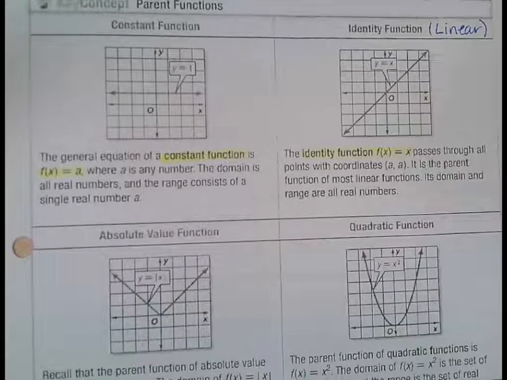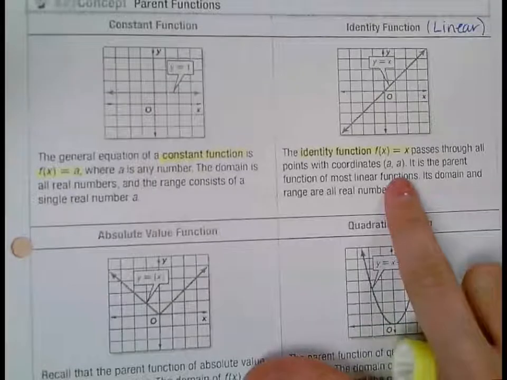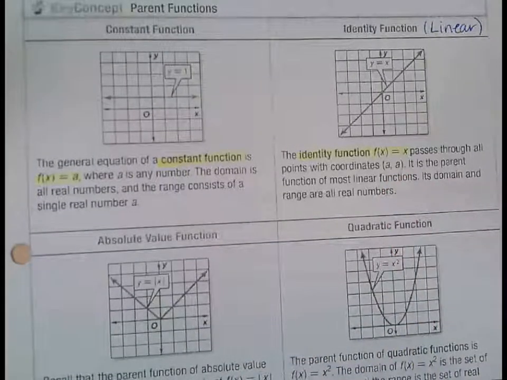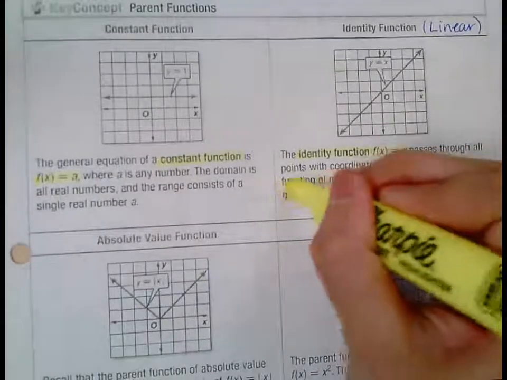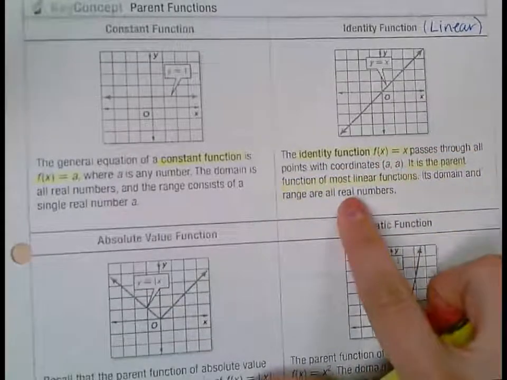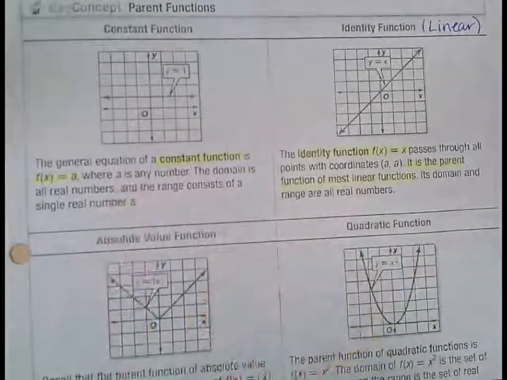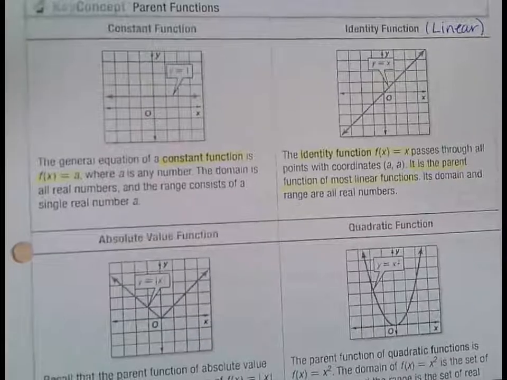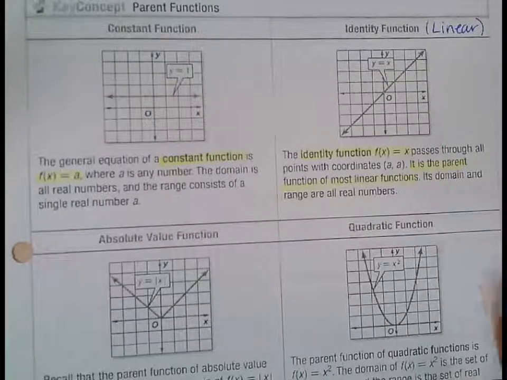It passes through all points with coordinates a, a. So on that line, at every point, the x and the y coordinates are equal. It's the parent function of most linear functions. And again, it says most because horizontal lines are also linear functions, but they're in that separate family. Domain and range for all linear functions are all real numbers.